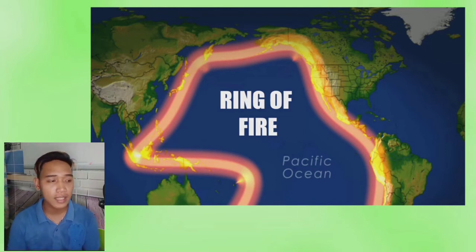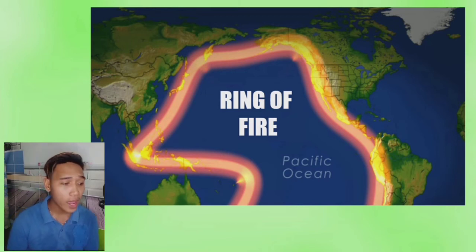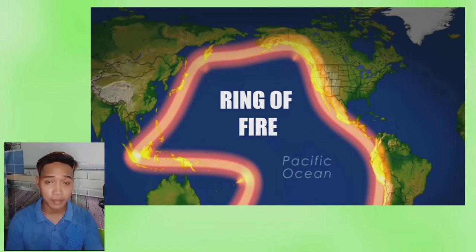The Pacific Ring of Fire is a group of countries forming a horseshoe shape, which they call sapatos ng kabayo, around the edges of the Pacific Ocean. So, bakit nga ba natin tinawag na Pacific Ring of Fire? Because this is where earthquakes and volcanic activities frequently occur.